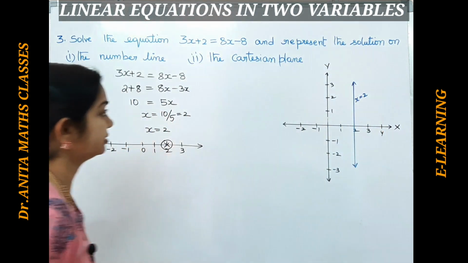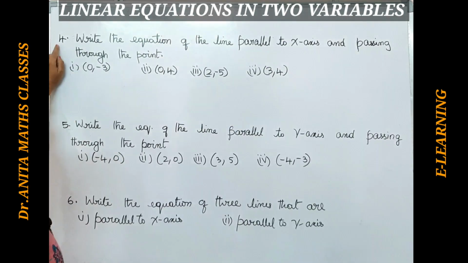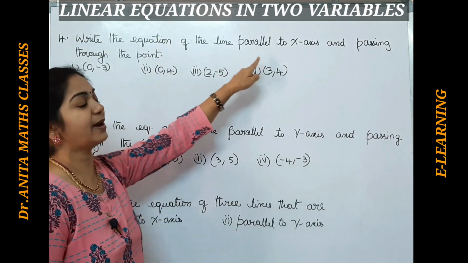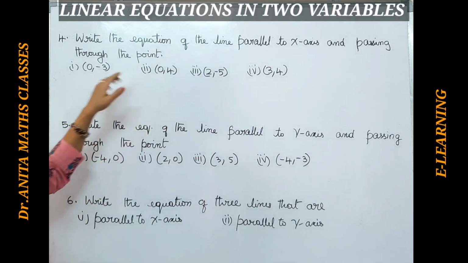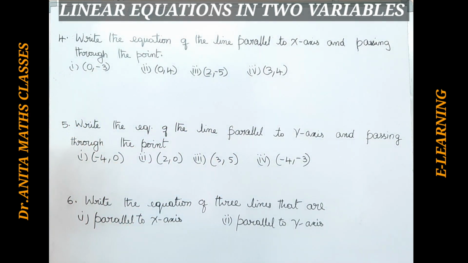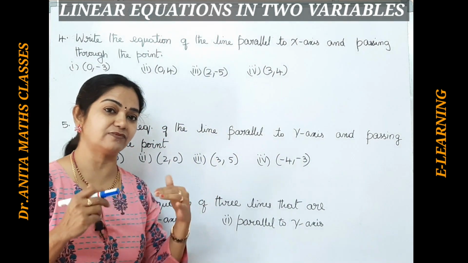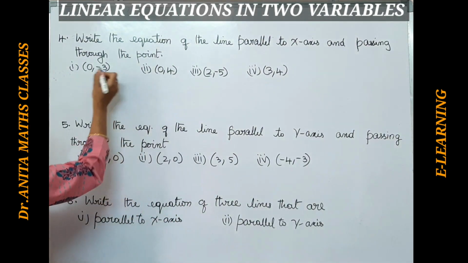So we have represented it on the number line. Pause the video and note it down. Let's see the next one. Now the fourth problem: write the equation of the line parallel to the x-axis and passing through these points. Parallel to the x-axis, the equation of the line will be y equal to k, where here the point is -3.